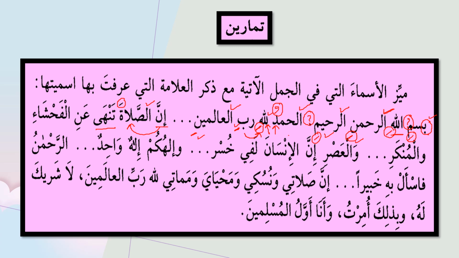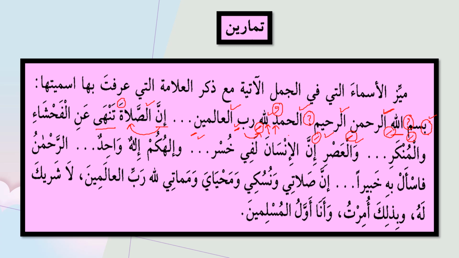So this one is not a noun. So this is a very good example of how you will recognize the fail. You will check if it has all the four signs. Does it have lam at-tarif? No. Does it have a tanween? No. Does it have a kasra? No.